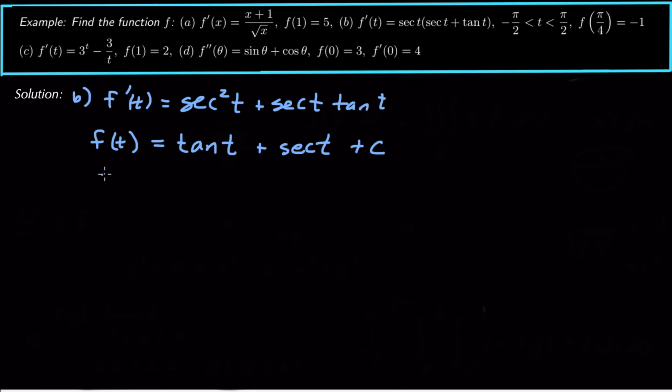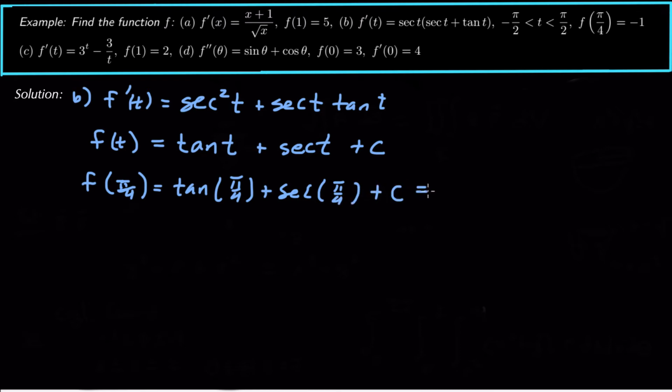Now we use our condition, f of pi over 4 equals negative 1. So f of pi over 4 equals tangent of pi over 4 plus secant of pi over 4 plus c, equals negative 1. Tangent of pi over 4 is 1, secant of pi over 4 is square root of 2, plus c equals negative 1.